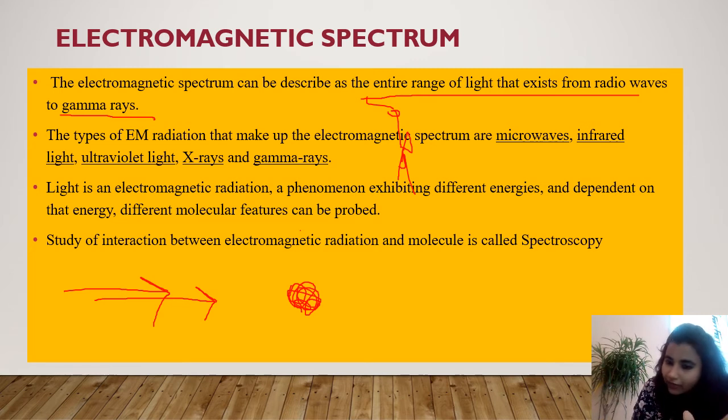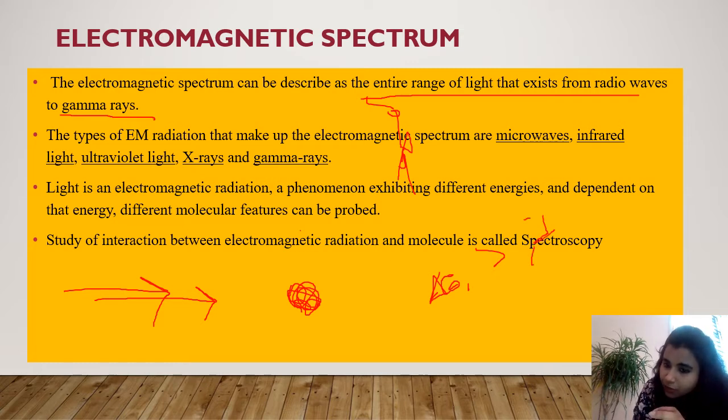Generally we use light because it is easy for us to study. Now what are the changes? When a sample is exposed to light, there are basically 4 changes which take place: absorption, emission, scattering and ionization.